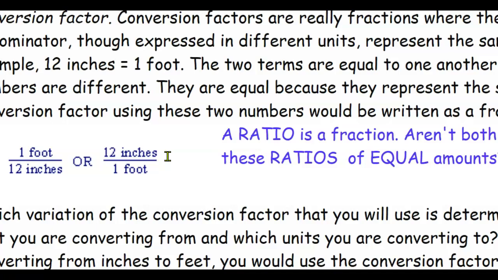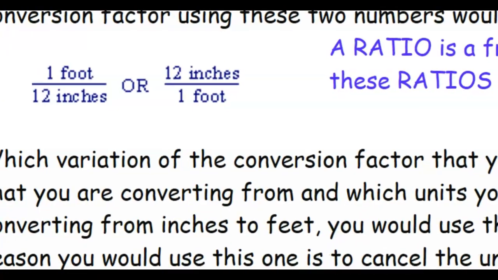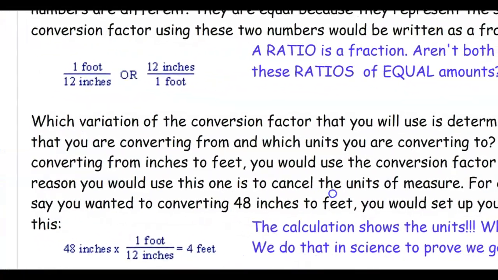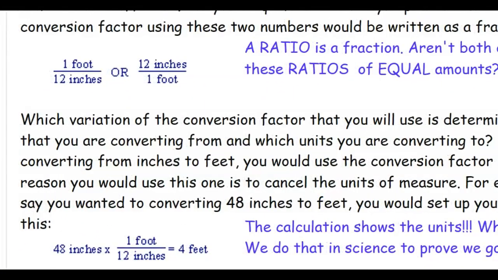All right? Which variation of the conversion factor you use is determined by the units that you are converting. So if you are converting from inches to feet, that is, you know the inches, but you don't know the feet, then you would use the conversion factor on the left, this guy.